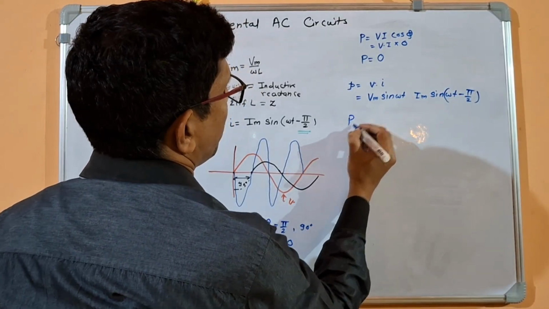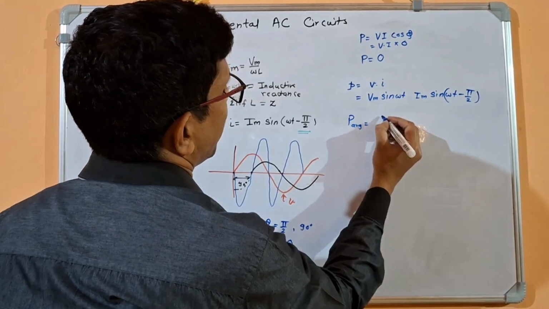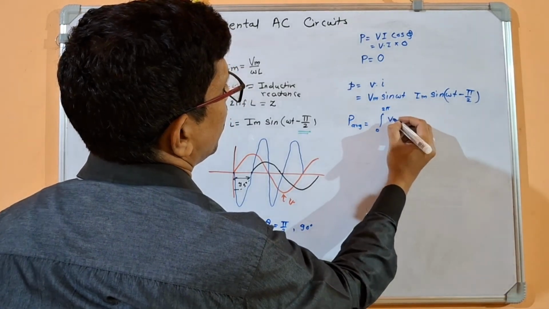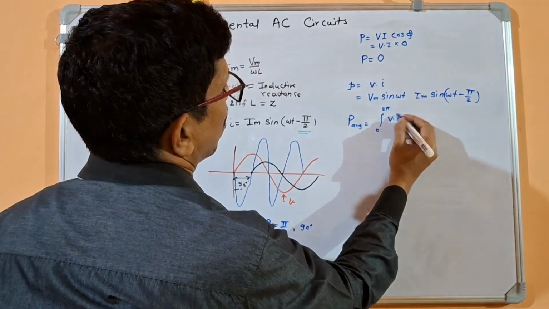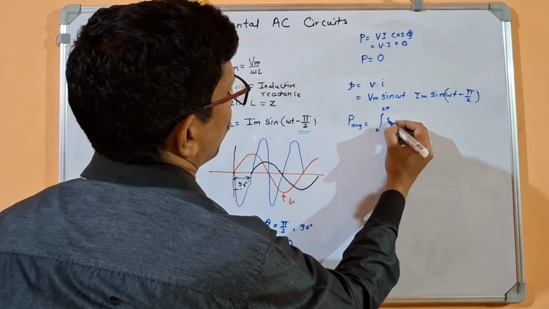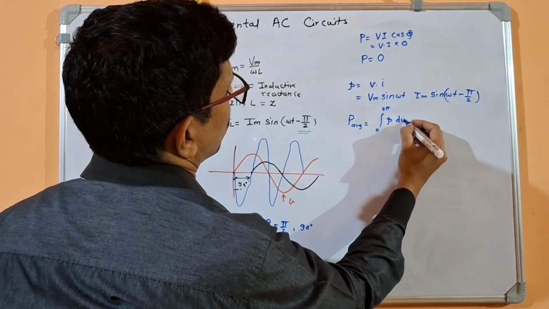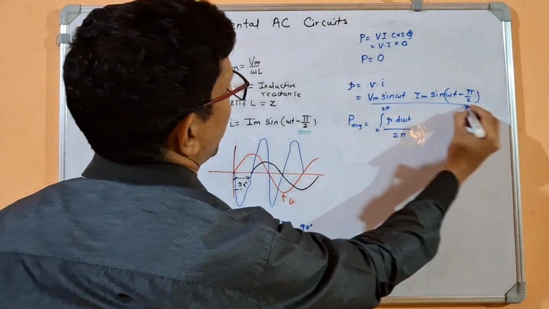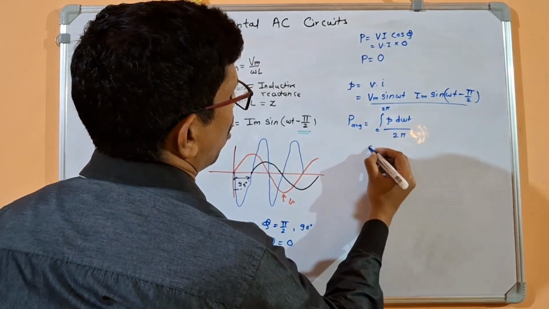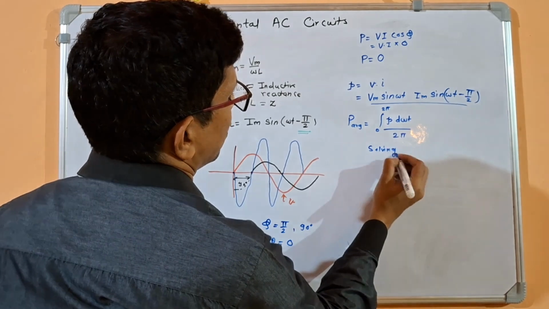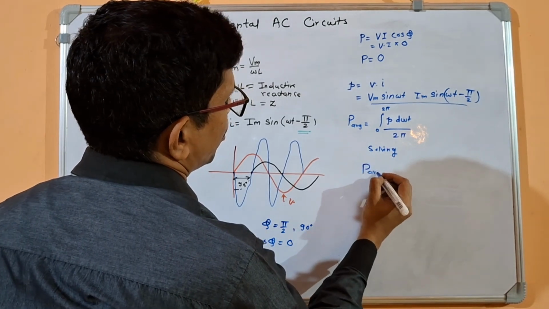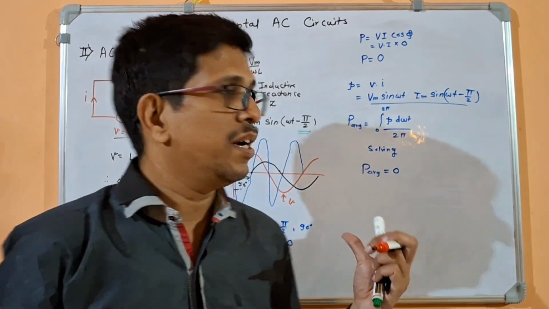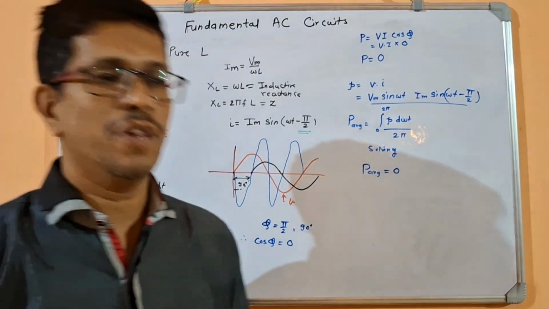If I want to find P average, you can integrate from 0 to 2 pi of V into I, or directly write small p into d omega t, and the base will be 2 pi. By putting this value in this and solving mathematically, you will get P average as 0. Okay, so for a pure inductor, power consumed will be 0.